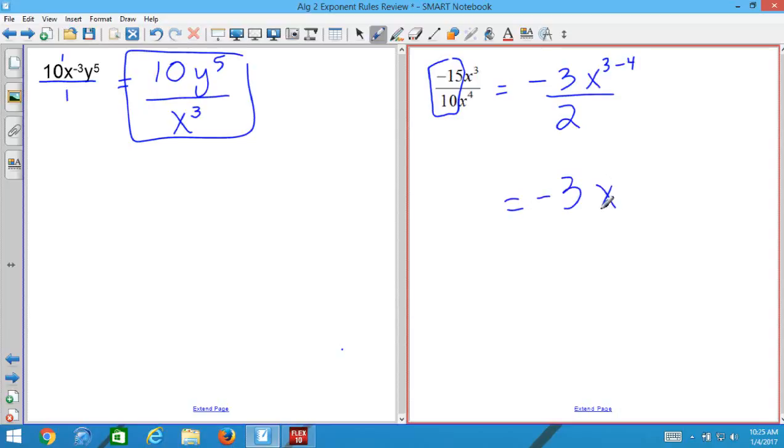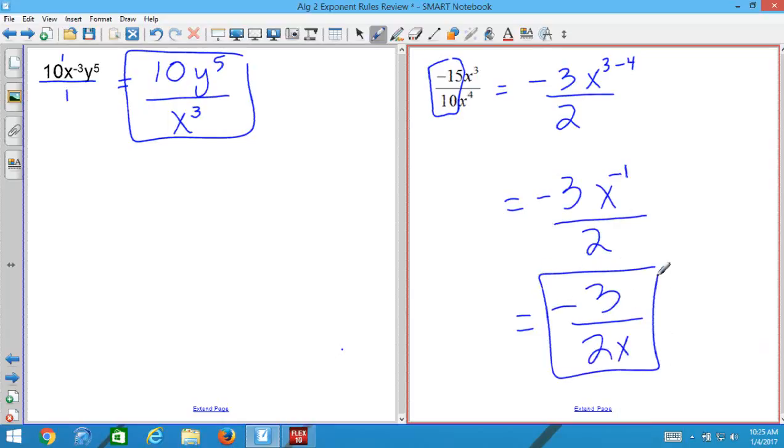So we get x to the negative 1. Just move it down, right. So we get negative 3 over 2x. That's all the negative exponent does, is it moves it up or down. That's all that negative part does.